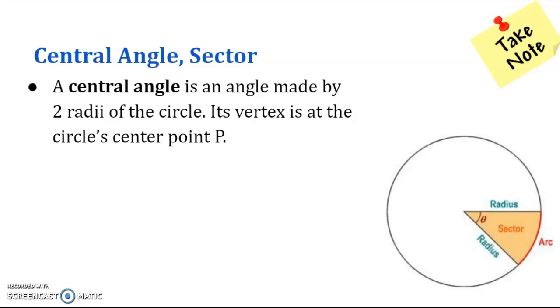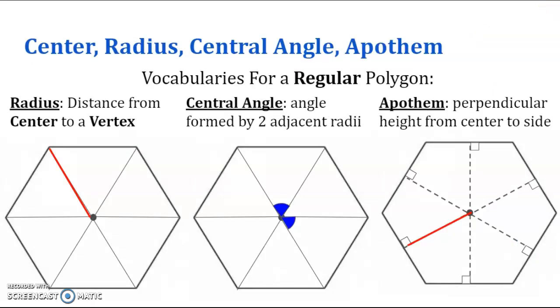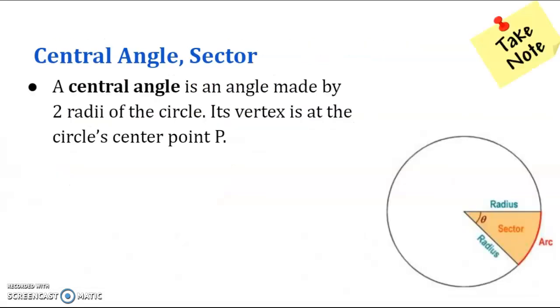Does this sound familiar? Where do we come across central angle? When we were talking about regular polygons, we also came across central angle. Do you remember the word radius on the regular polygon? We said that was the distance from the center to the vertex. But with the circle, radius is the distance from the center to any point on the circle, because it's all equal distance. Whether it's the radius here or anywhere, it's going to be the same length.